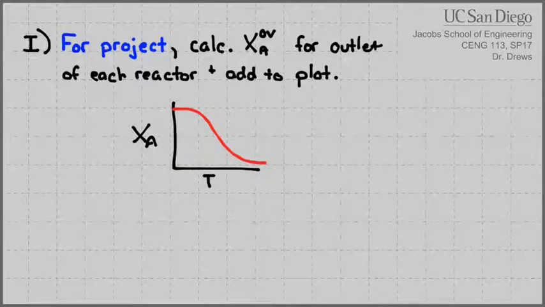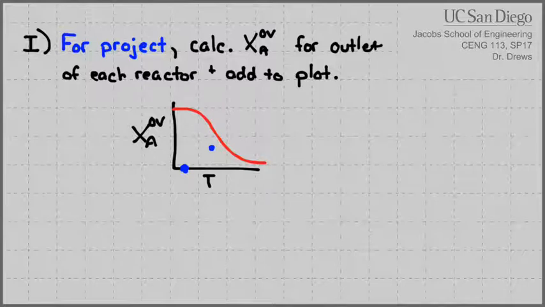In order to add the lines, you're only going to know what this point is and that point is, because I believe your reactors are going to operate at equilibrium, so you can add those points on there. Even if it doesn't operate at equilibrium, you can always simply calculate the outlet conditions of those reactors. Whatever those outlet conditions are can then be used to calculate whatever XA overall is.